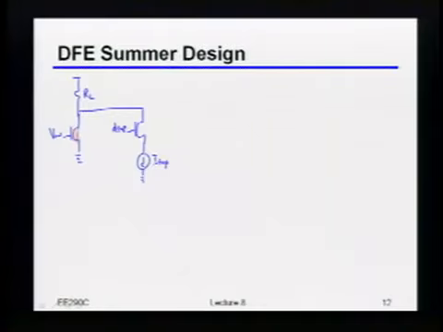So now, it's actually not really bias current, but what you're basically saying is that this I tap is just going to get multiplied by RL to create some voltage, right? But the coefficient is usually normalized to what my input amplitude was in the first place.